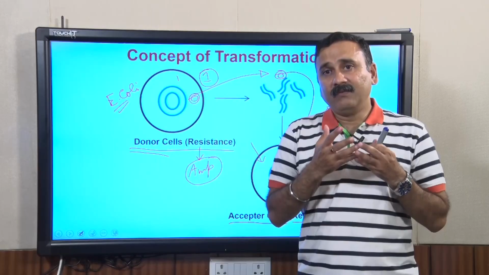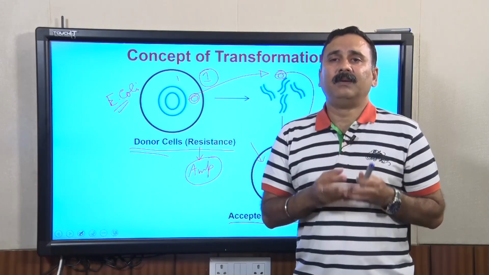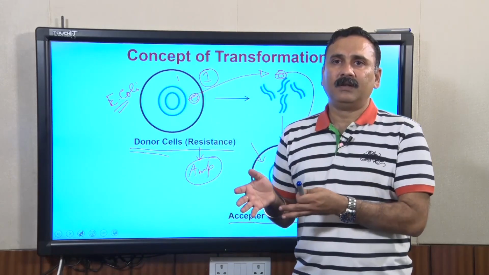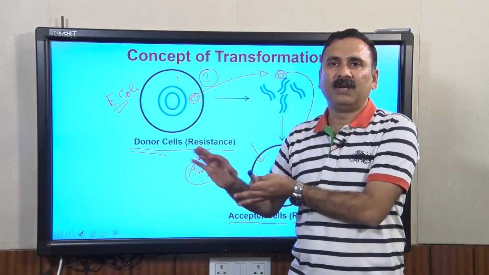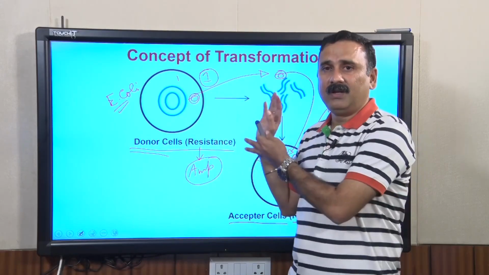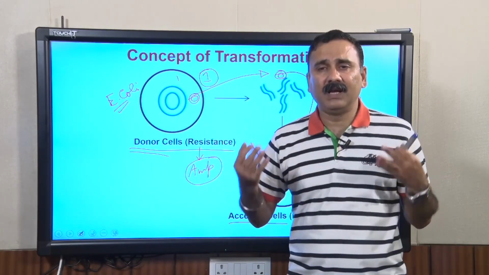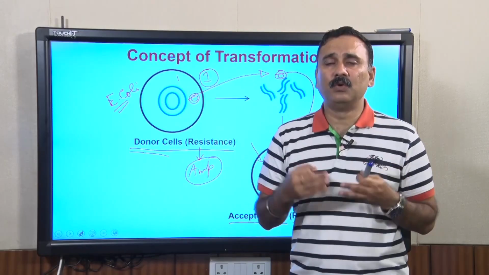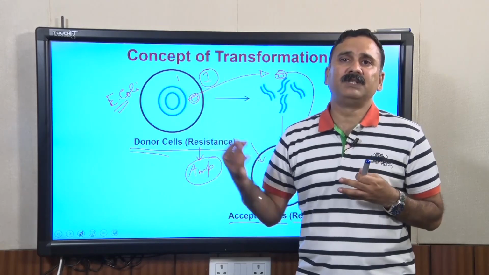That is why it is always advisable, when you are working in your laboratory, that you destroy the bacteria you are using before you discard them into the sink or throw them into the dustbin, because all these bacteria have extrachromosomal DNA in the form of plasmids, and genetically modified bacteria could be a potential source of spreading that particular phenotype into the bacteria present in the environment.